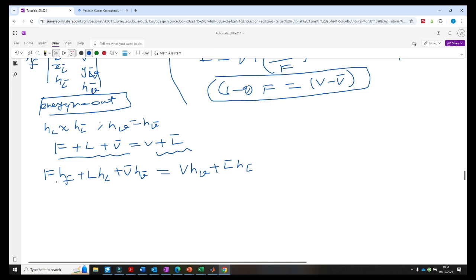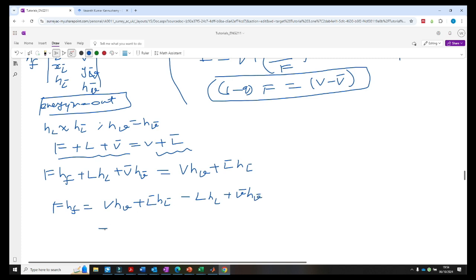Let's keep FHF on one side and put everything else on the other side. So FHF is equal to VHV plus L dash HL dash minus LHL plus V dash H suffix V dash.